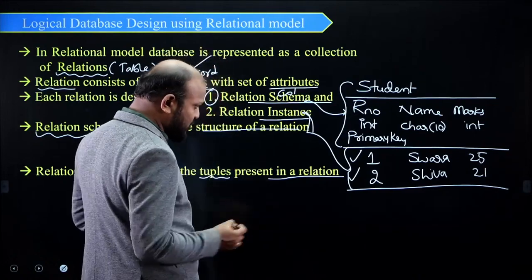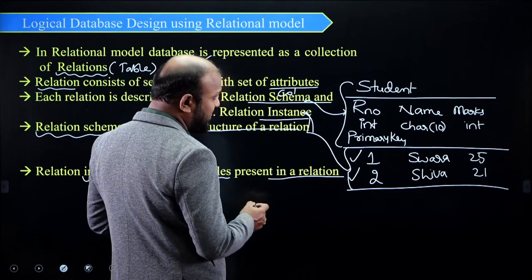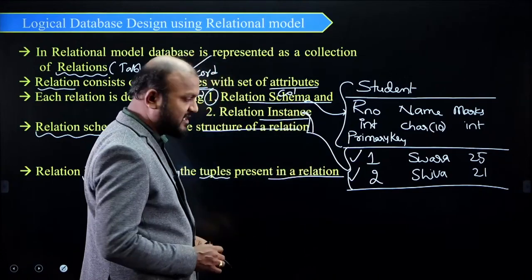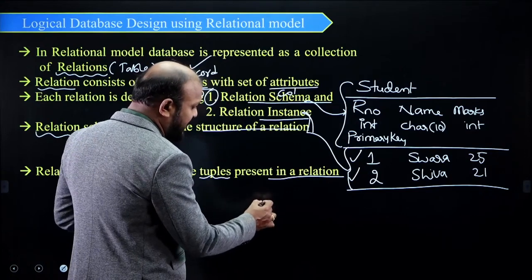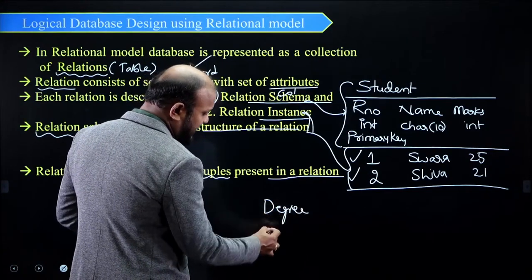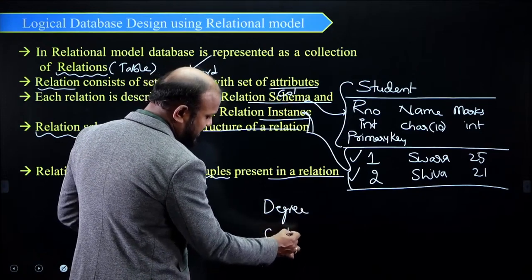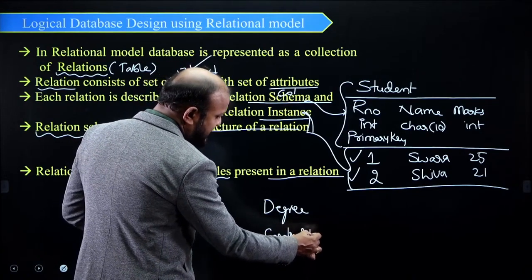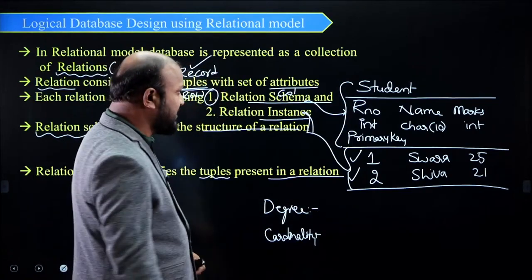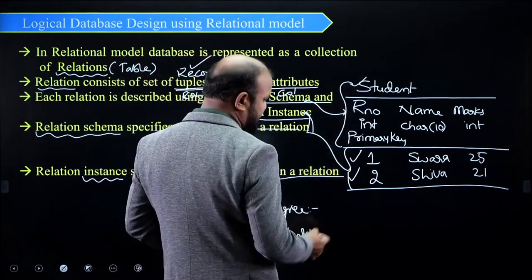Here I would like to add two more things. The schema specifies the structure, and the instance specifies the tuples. Here I would like to use two things called degree and cardinality. Look at what the degree of a relation is and what the cardinality of a relation is. The degree of this relation is 3.